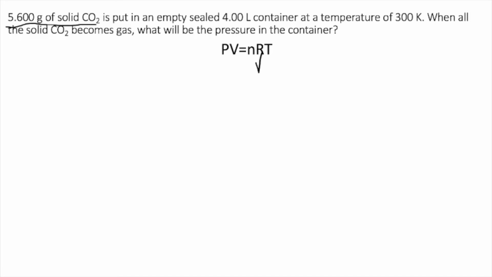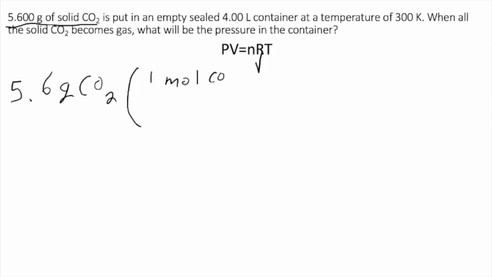Now if we look at the 5.6 grams of solid carbon dioxide, that's sort of referring to our number of moles. So we don't quite have it yet, but we can solve for moles. If we know we have 5.6 grams of solid carbon dioxide, we can convert that into moles, and that will give us our n. So let's just do that. It's just an added extra step, but we're going to do 5.6 grams of carbon dioxide and use a little bit of dimensional analysis here.